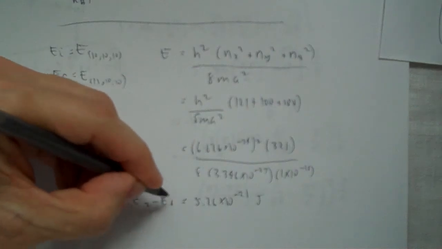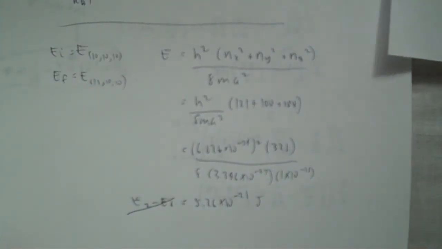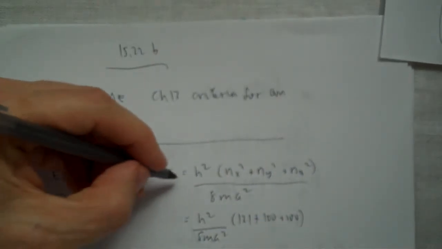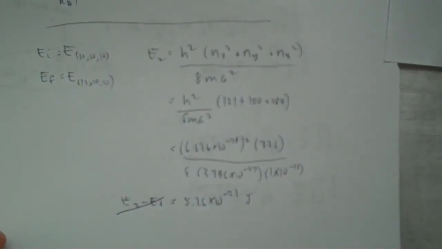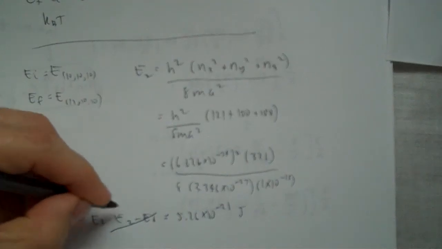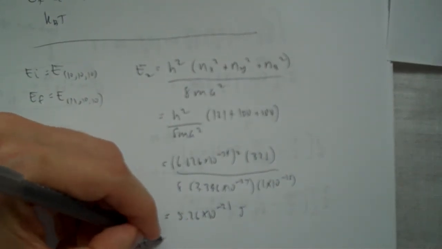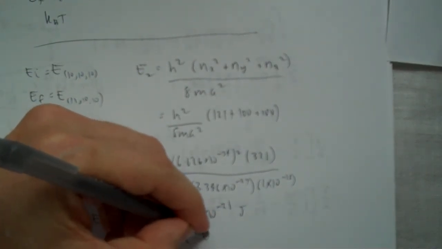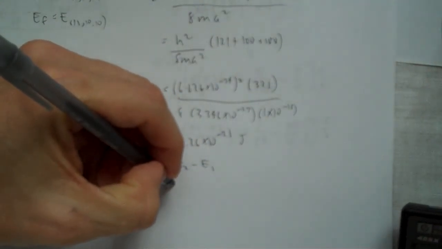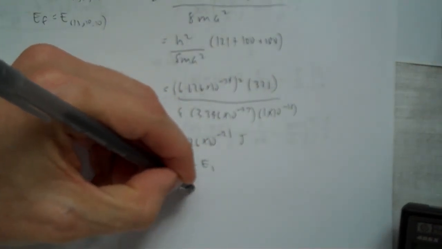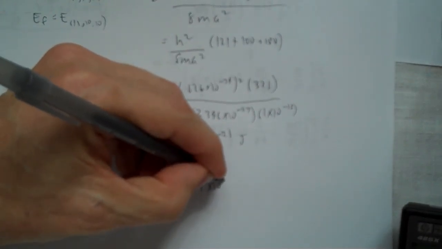Sorry about that. So now what I do is I subtract E1 from it. So delta E is equal to E2 minus E1. We'll calculate what that number is, and we'll calculate what KBT is. Okay, so the difference between these two comes out to be 3.444 times 10 to the negative 22.